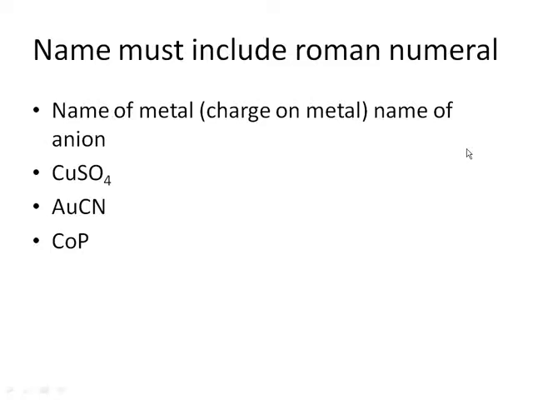So now when I go to name these compounds, it'll be the name of the metal, then in parentheses, the charge on the metal, and then the name of the anion. So it's very similar to what we were doing with fixed charge metals, except we need this Roman numeral that tells us the charge. So copper, we decided in the previous slide, had a +2 charge.